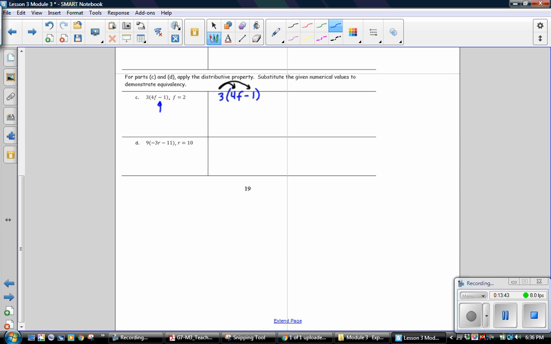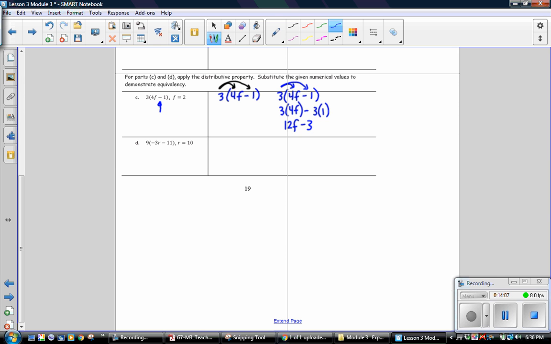So I'll rewrite that 3 times the quantity 4f minus 1. Multiply by both terms. 3 times 4f minus 3 times 1. 3 times 4f is 12f, and 3 times 1 is 3.